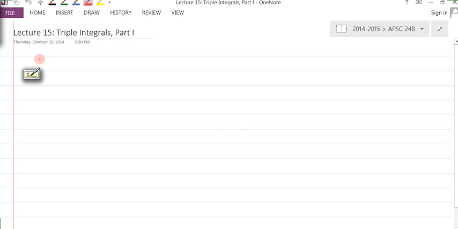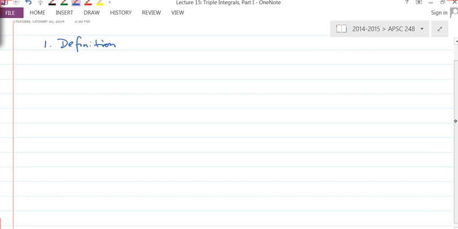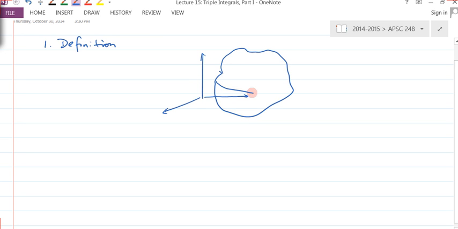Okay, so first, let's look at the definition of a triple integral. And where is the triple integral from, basically? Assume that we have a region D in 3D space.